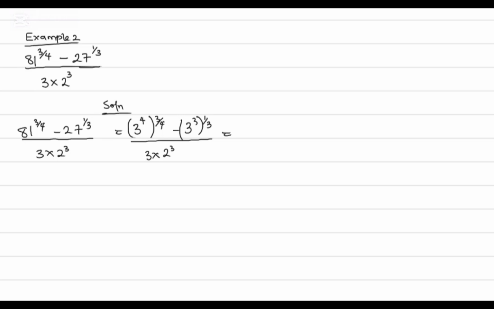And so this will give us 3 raised to power 4 multiplied by 3 over 4, minus 3 raised to power 3 multiplied by 1 over 3, over the denominator we can expand. That is 3 times 8.